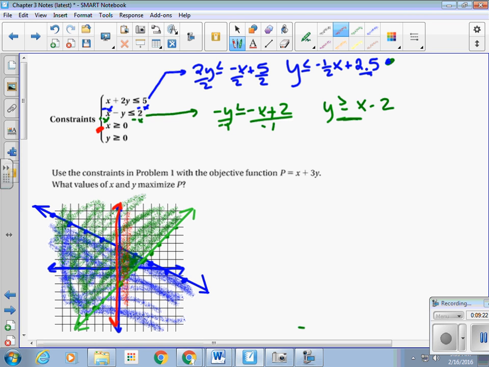And then I have y greater than or equal to 0. So that's my x-axis right here. And I want everything above.